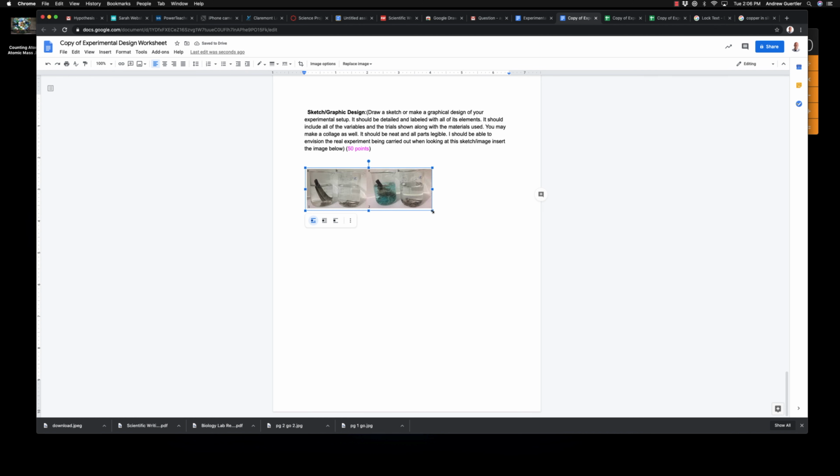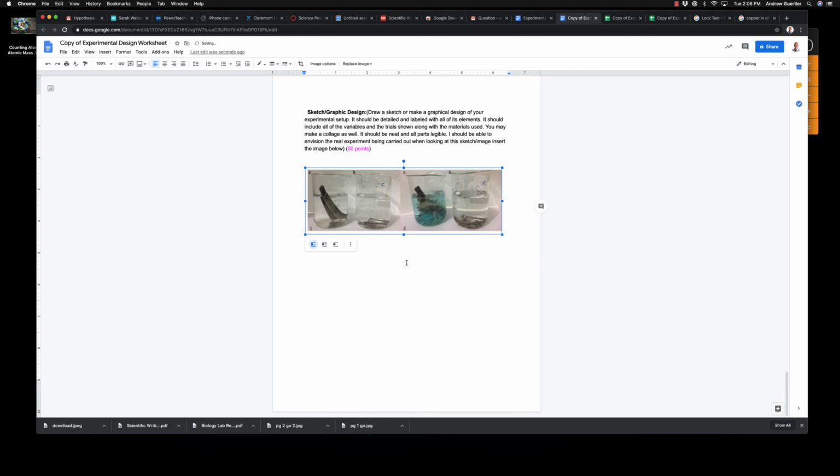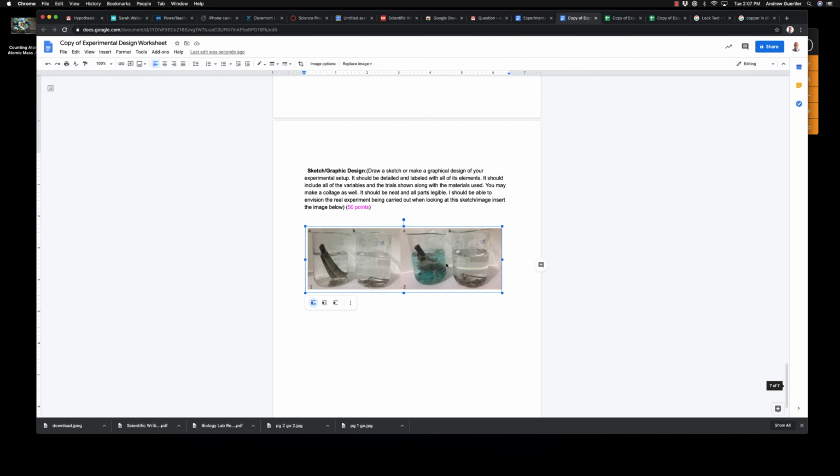All right. So once you've got your sketch, do not take a picture of somebody else's. I'm just doing this as an example and showing you how to do it. So that's what's going to go there.